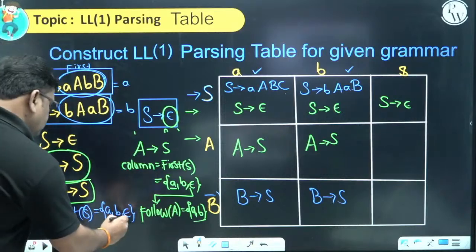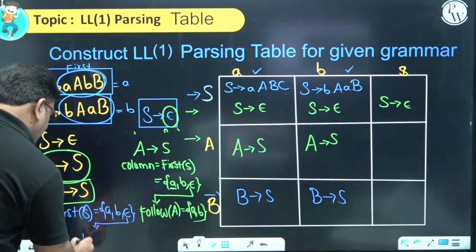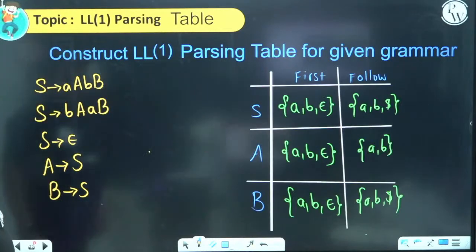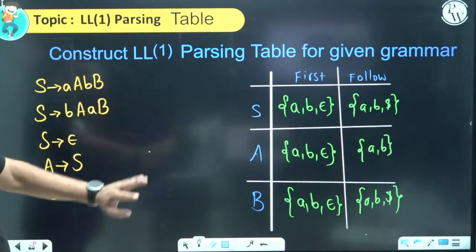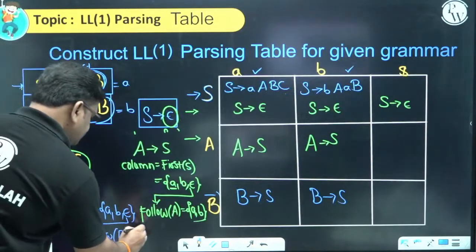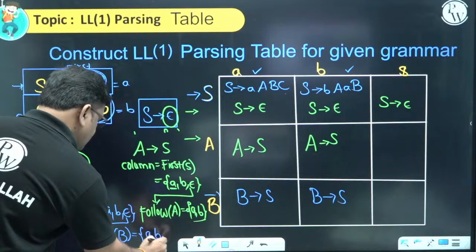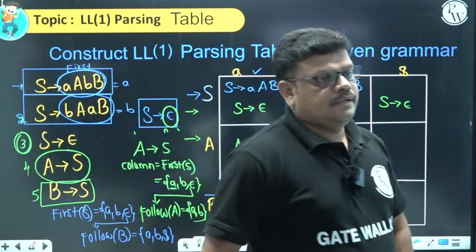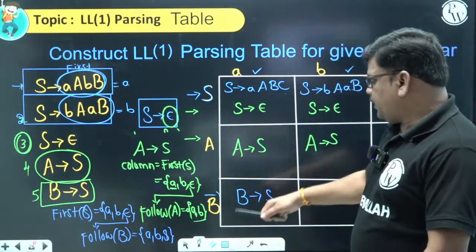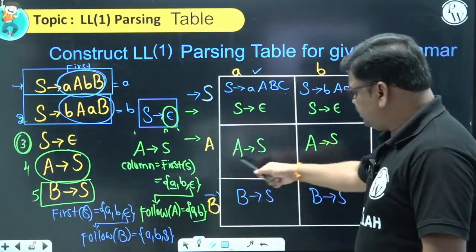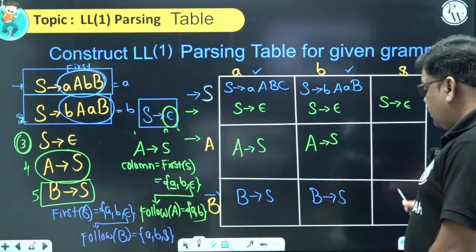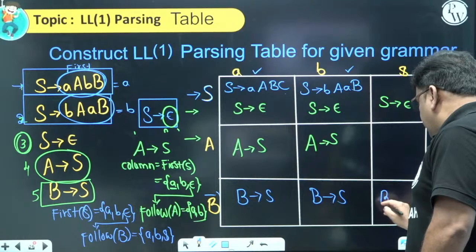Whenever we have epsilon, for this compute follow of B. What is follow of B? Follow of B is A, B, dollar. So this production we have to give in the A position, which is already there, in the B position, which is already there, and the dollar position is not there yet.